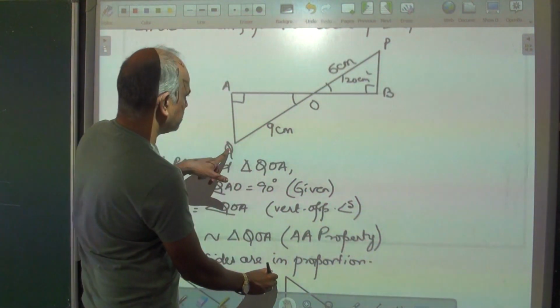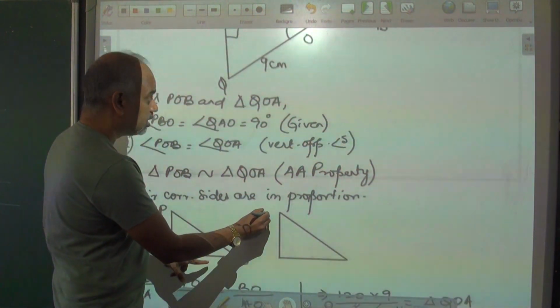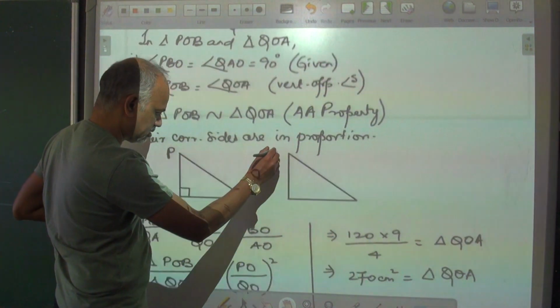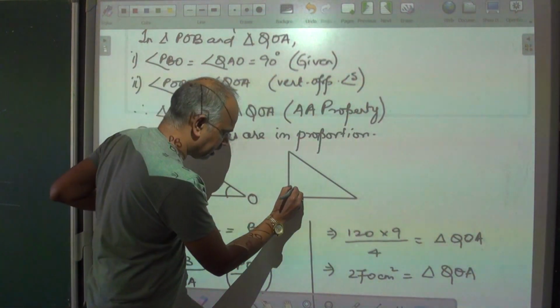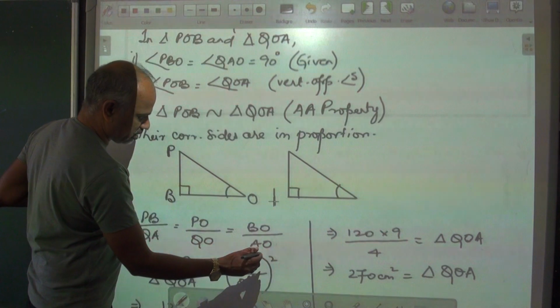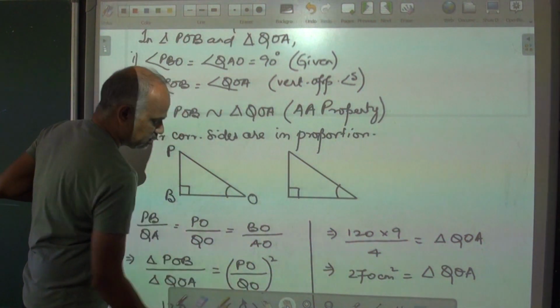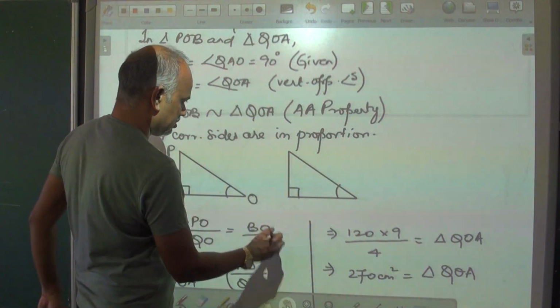And the second one is QOA, but let's do the angle marking. In PBO, O was marked with a single arc. Let's do the angle marking here. That's 90 and a single arc. Now look at the other triangle and name accordingly. 90 and the single arc.